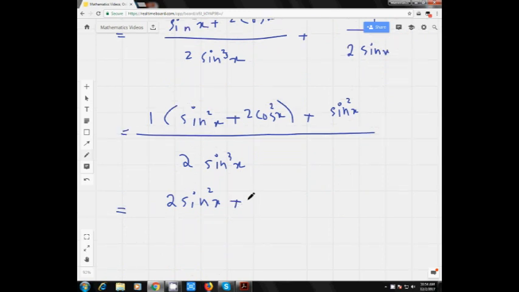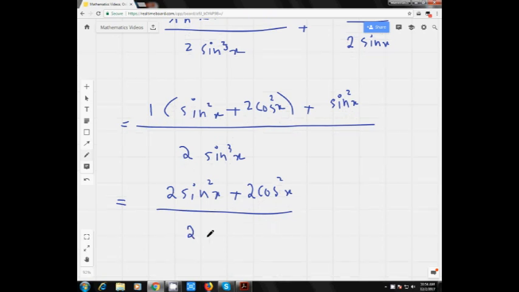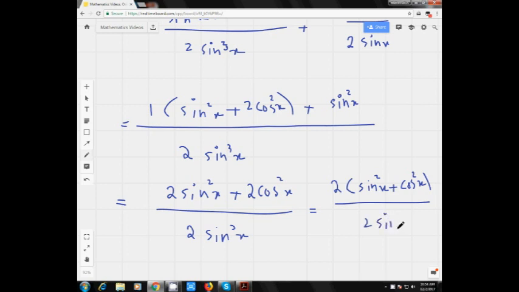Two sine square x plus 2 cos square x divided by 2 sine cube x. Take 2 common and you're left with 2 times sine square x plus cos square x, and in the denominator there is 2 sine cube x.